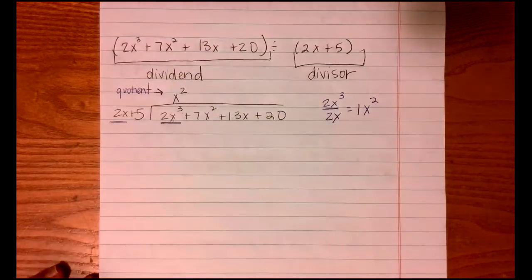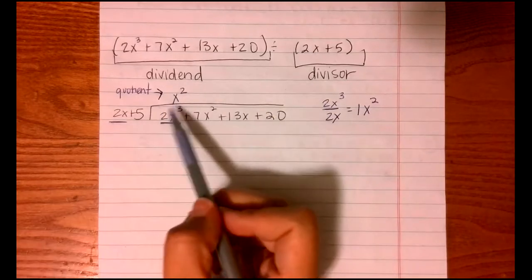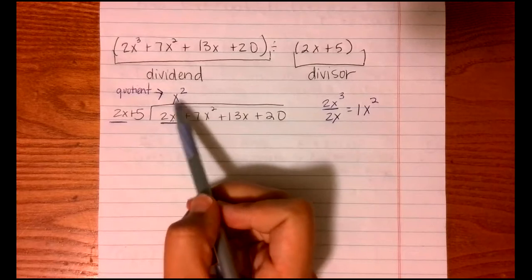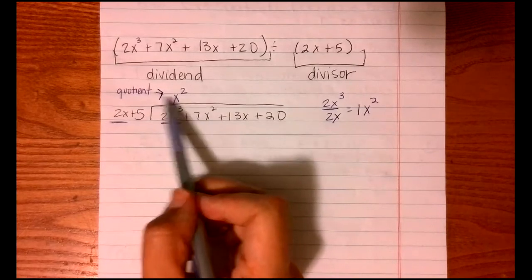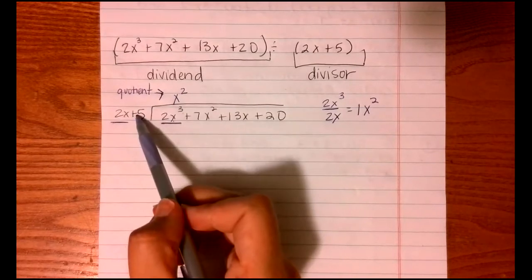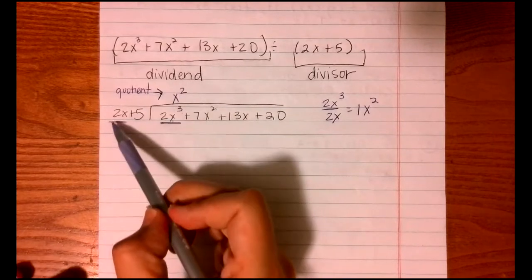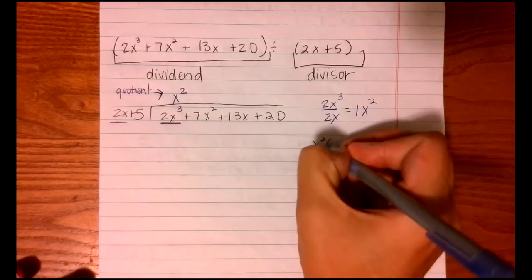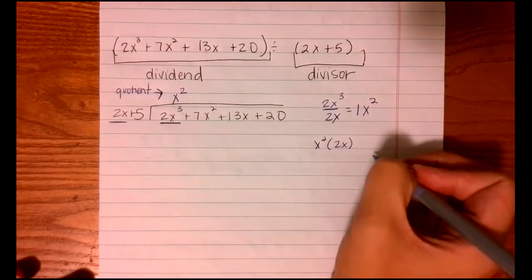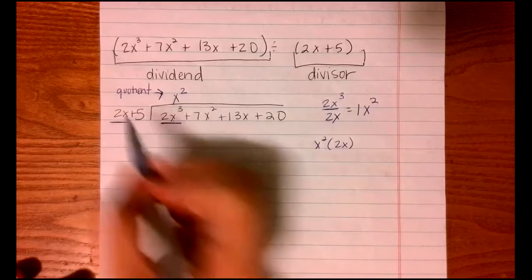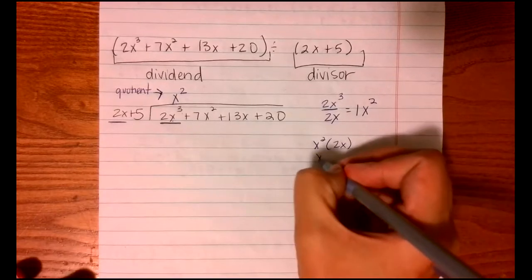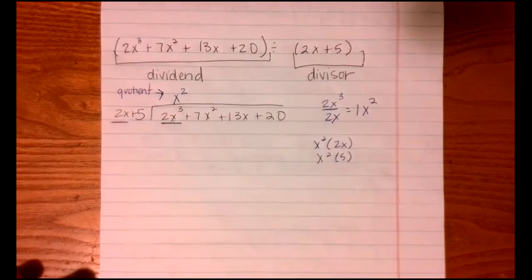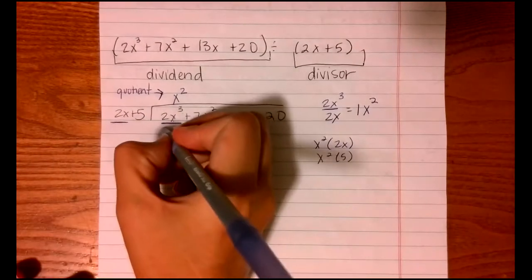The answer is called the quotient. Whatever you write in the quotient, the next step is you multiply, but you have to multiply by every term of the divisor. So x squared times 2x and x squared times 5. You're multiplying by both terms. x squared times 2x is 2x cubed.